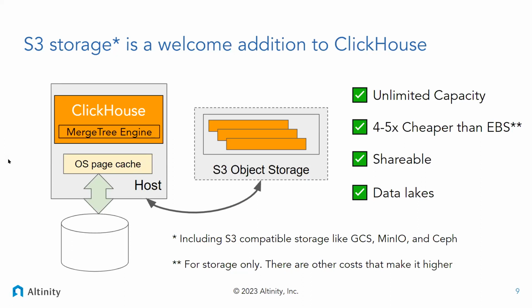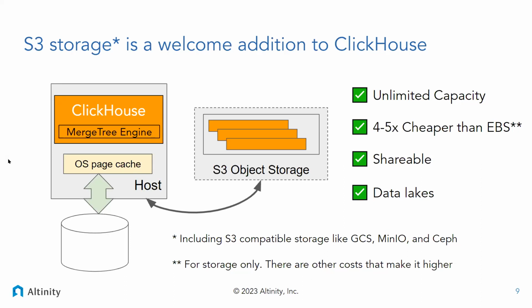So S3 object storage is a generic form of storage. You can put data into it basically in files. You can get them back out again, and it has a number of very desirable properties. One is it has virtually unlimited capacity. I mean, it does have a limit, but nobody on this call is likely to hit it. As a storage, just for pure storage costs, it runs about 4 to 5 times cheaper than something like Elastic Block Store on Amazon.